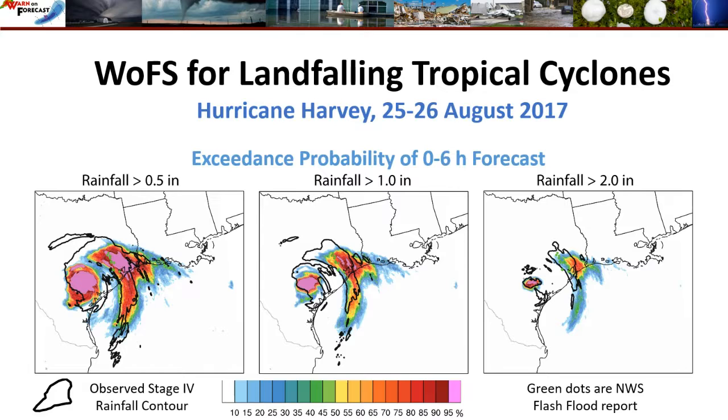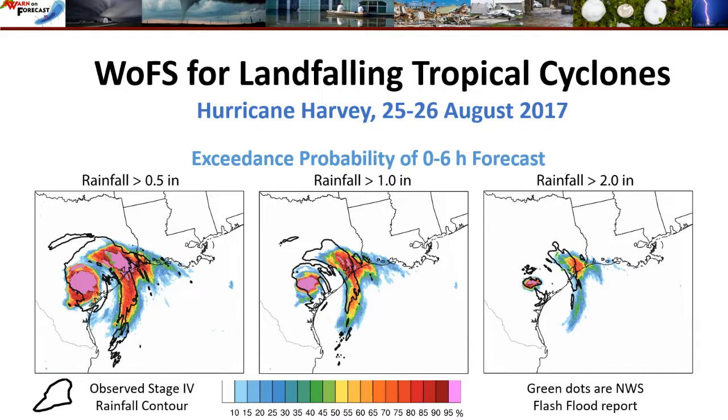From the left to the right, you see the rainfall thresholds. They increase from 0.5 inches to 2 inches, and the observed rainfall is overlaid in the thick black contour. Also, I don't know if you can see it, there are some green dots, which are the flash flood reports from the National Weather Service.